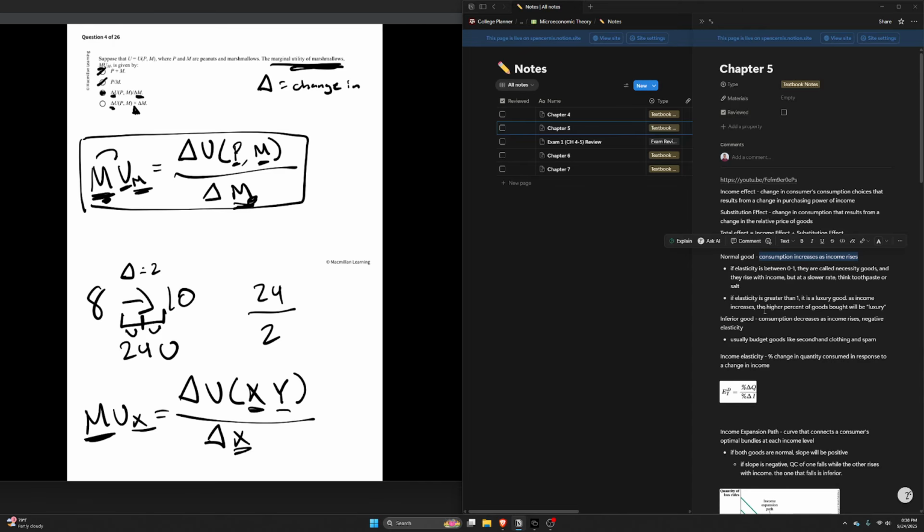I would write it this way so you don't get confused between the two M's, because those are two different things. This one is marginal, and this one is one of the variables, just like this is a variable, and this is a variable.